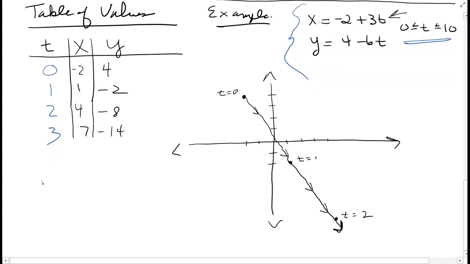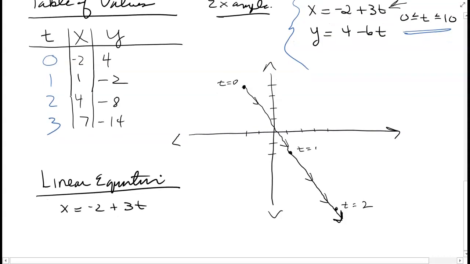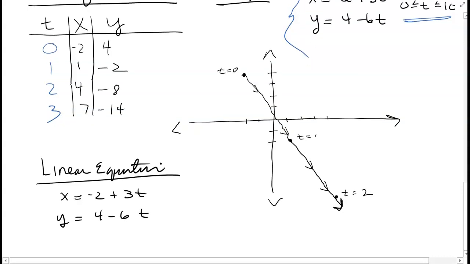What would be the linear equation for this? The non-parametric equation? Well, that's easy. Take your two parametrics. I mean, you can figure it out on the graph if you choose to, but we can do it algebraically like this. Here's the quick way to get your non-parametric. Solve for t.